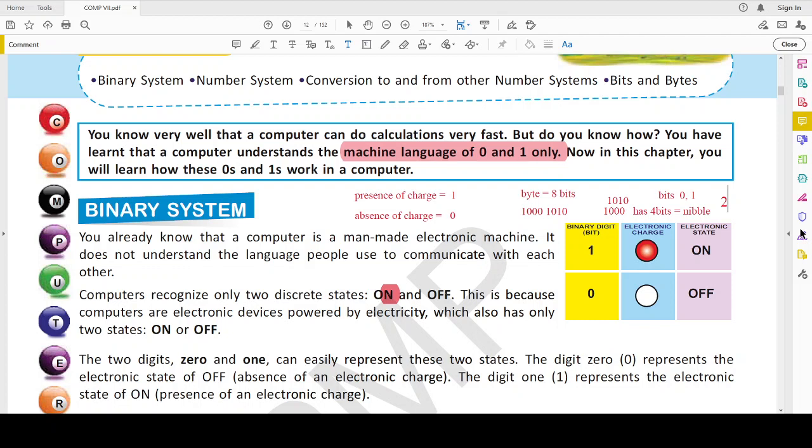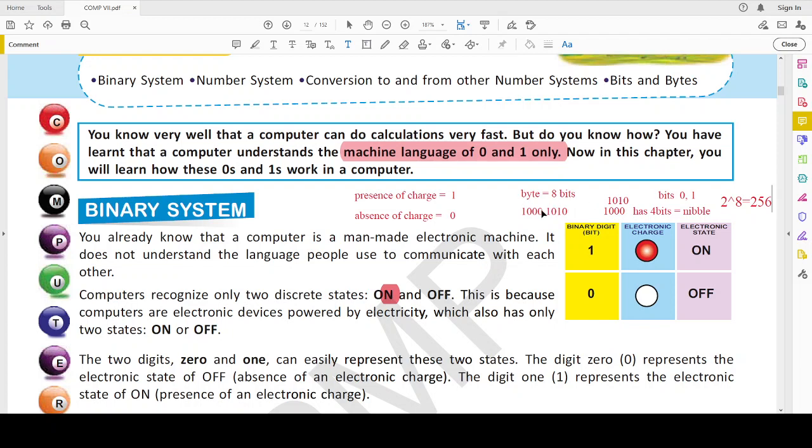You can calculate in your rough copy 2 to the power 8, or 2 multiplied 8 times, 2 into 2 into 2 into 2, like this. You multiply 2 8 times, you will get 256. So there are 256 such representations, right?